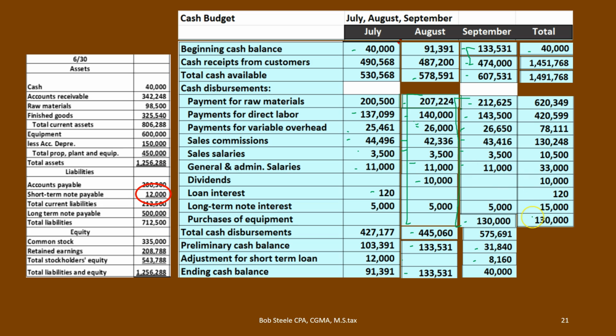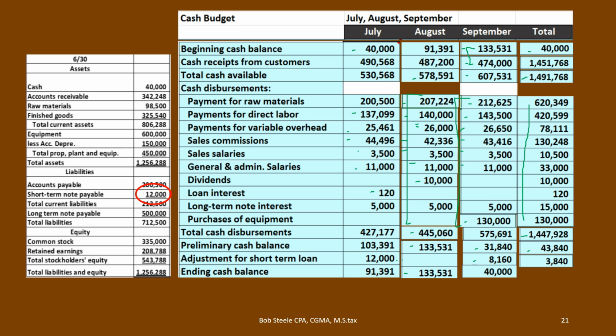So we're adding these 3 columns up all the way down. If we sum all these up, then we come up to the $1,447,928. If we subtract this number minus this number, the receipts minus the disbursements, $43,840. And we had the total adjustments, which is the 12 minus the 8,160, because we took out a $12,000.